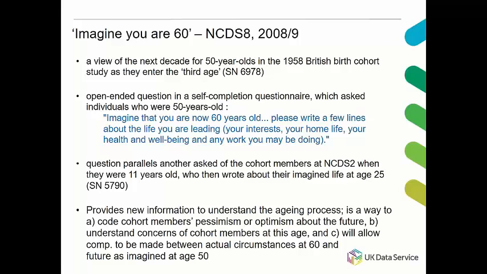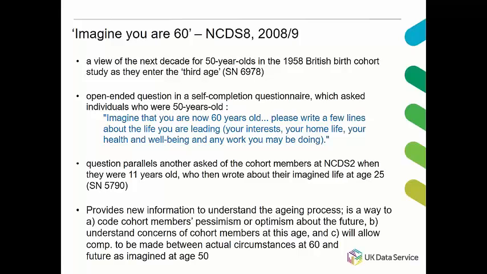So imagine that you are now 60 years old. Please write a few lines about the life you're leading, your interests, your home life, your health and well-being, and any work you may be doing. And this question parallels another one that was asked of the cohort members at NCDS 2 when they were 11 years old, who then wrote about their imagined life at the age of 25.